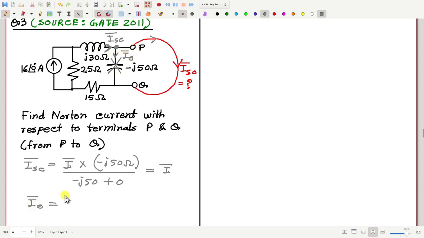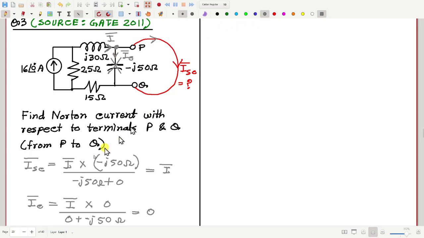IC will be I multiplied by 0, the impedance of the short circuit path, divided by 0 plus minus J50. How much is this then? This is 0, right? So the phasor value of the current going through the capacitor will be 0. If you have further doubts, we can discuss later.